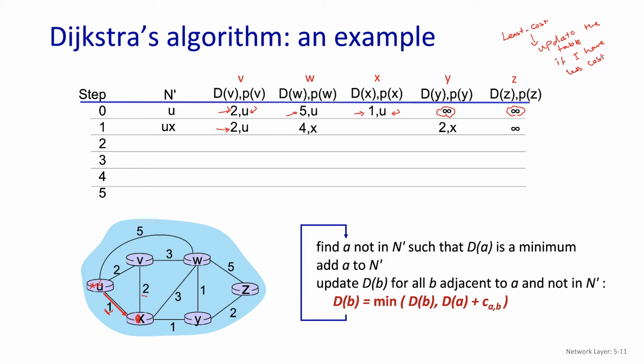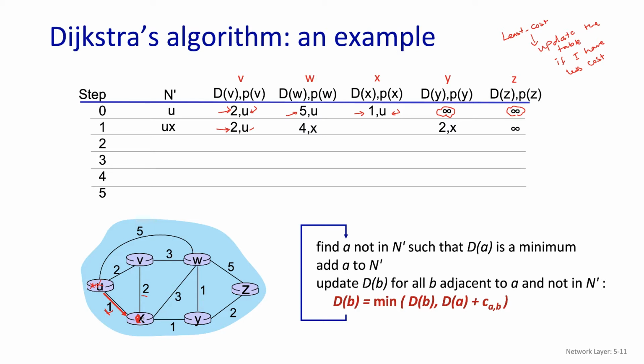This is the only way it's working. So now we know if we move from U to V through X it is going to be 3. But I already have a direct link that gives me 2, which is less, right? Therefore, I'm just going to stick with the least amount, right?